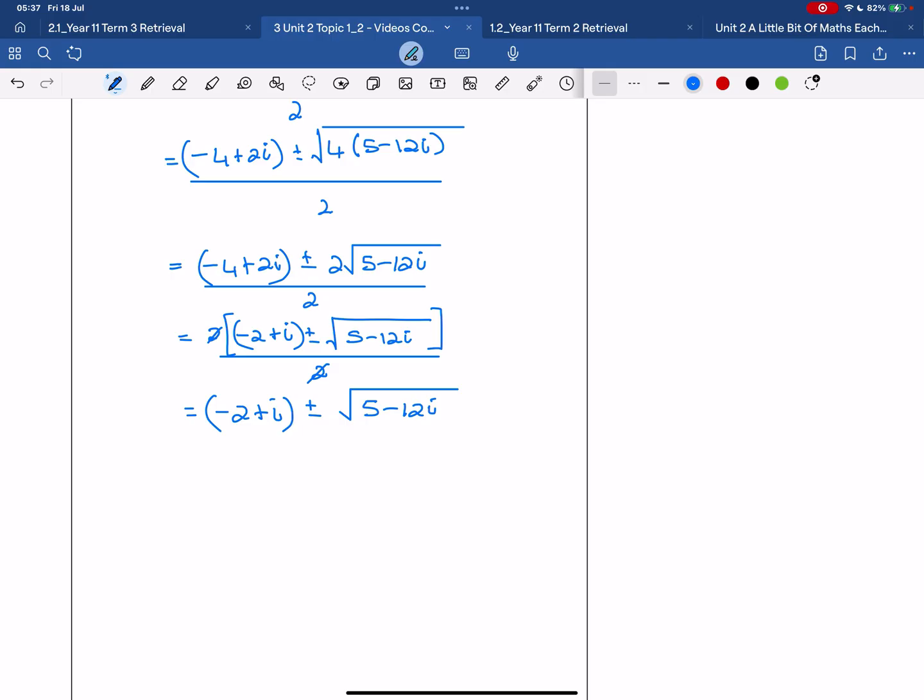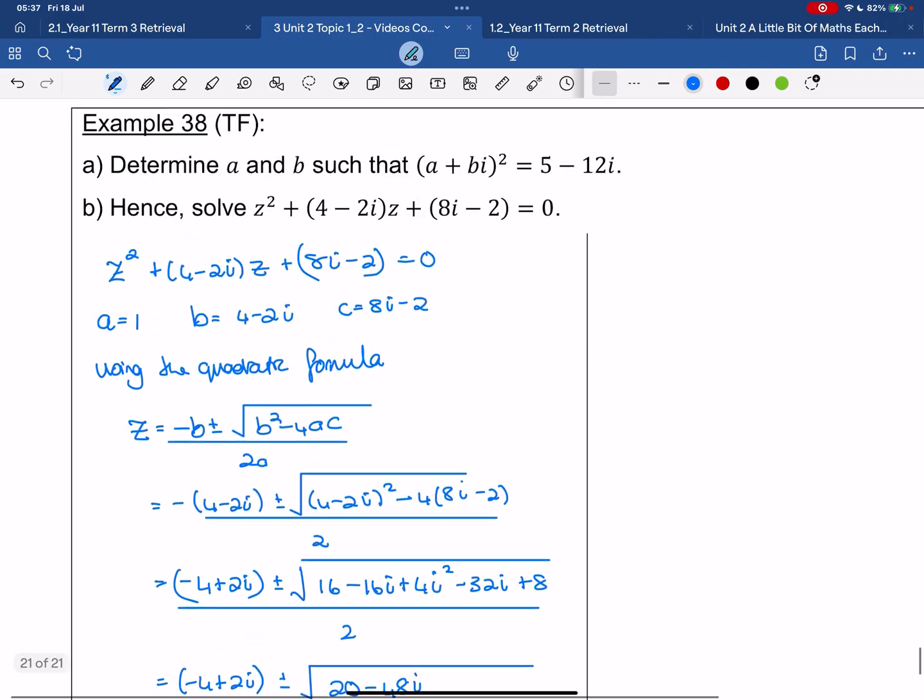So I need to use another technique. And what we do when we get to this part here is we're actually going to concentrate on what's inside of our square root and rewrite that as a perfect square. And this is what we're going to do.